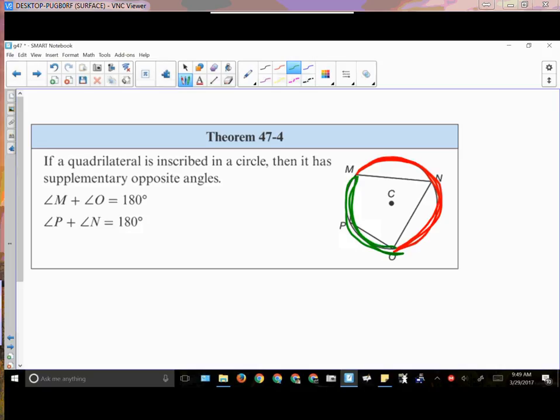Same way. If I take M here, M opens up from here all the way around to here, correct? O opens up from here all the way over to here. So if I'm looking at this angle right here from O, O opens up from here to here, correct? So that means that this arc is what angle O opens up for.